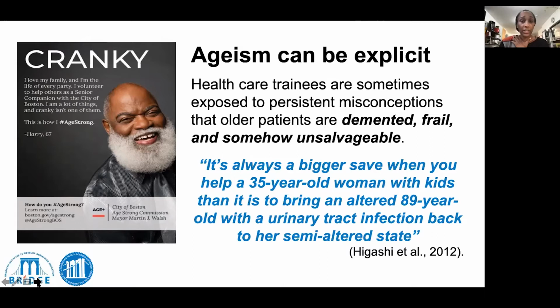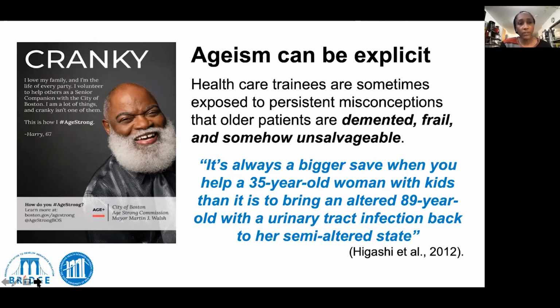Healthcare trainees, so that should be two combined, typo, excuse me, are often exposed to persistent misconceptions that they're all demented, all frail, and somehow unsalvageable. This is a quote from an article in 2012. However, at the beginning of this pandemic, if many of you remember, there was a choice made at NYU in terms of not letting certain individuals with COVID go on respirators because they were old.